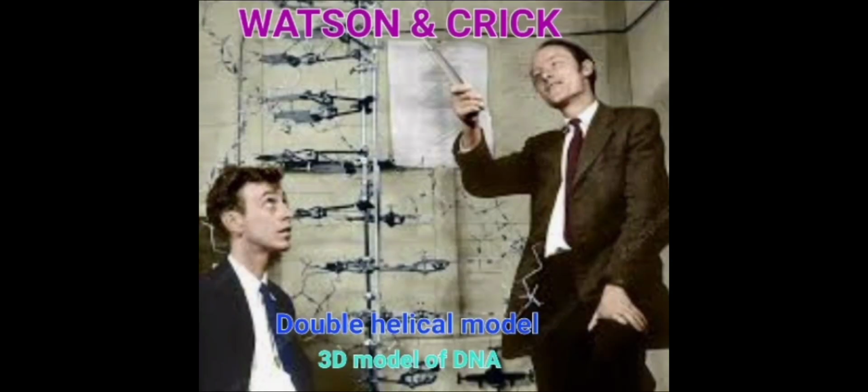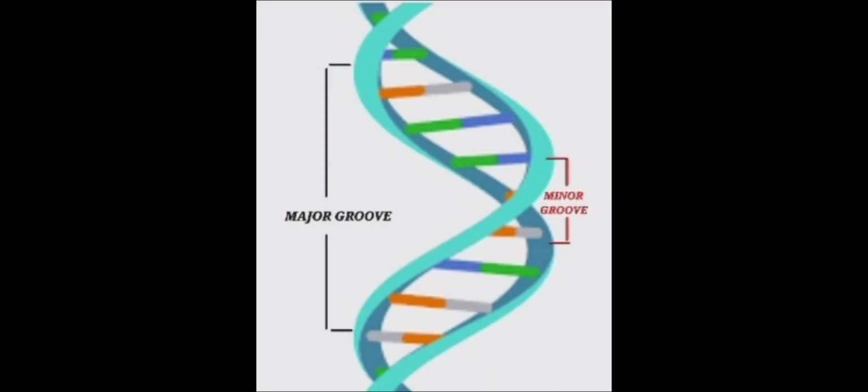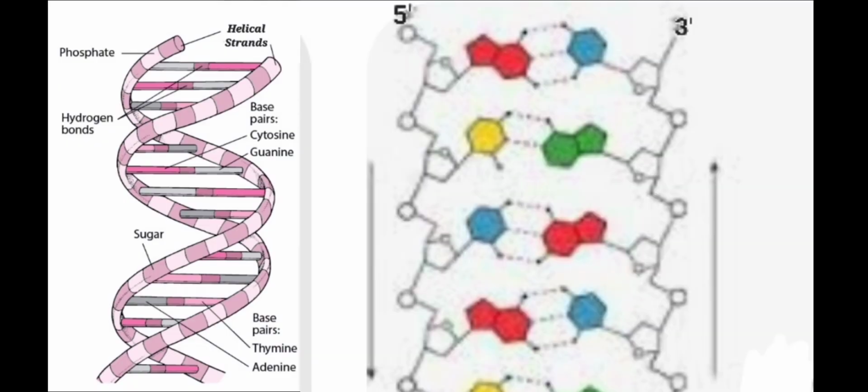However, the Nobel Prize was awarded to Watson and Crick for proposing the double helical structure of DNA in the year 1962. A single DNA molecule is very large, thus, it's called a macromolecule. Two complementary strands wound around each other in a double helix.